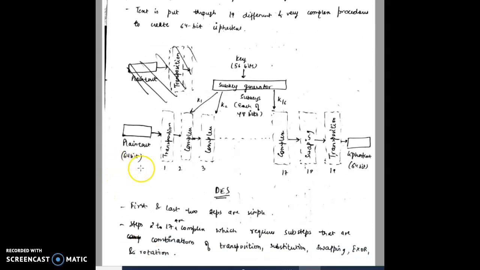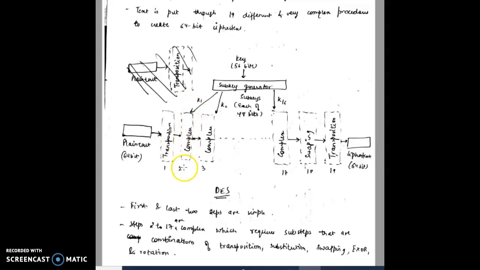Let us have a look at the DES steps. This is a 64-bit plain text, and you receive a 64-bit cipher text. You use a key of 56 bits. We'll study these steps in detail, but for now you can see that there are 19 steps in between, numbered from 1 to 19. The first and the last step is a very simple transposition, where you are only changing the position of the bits of the plain text.